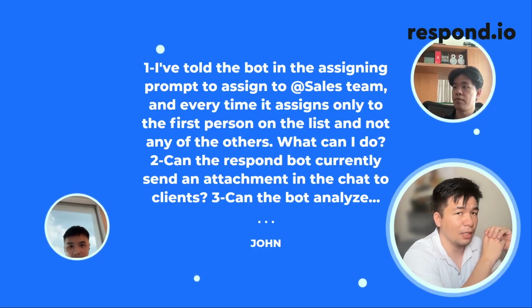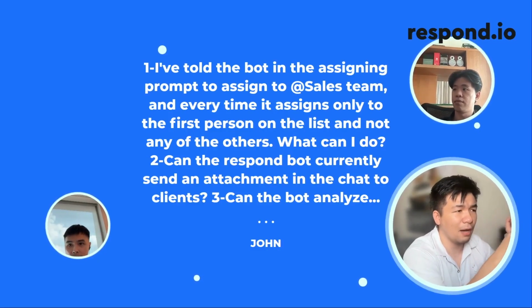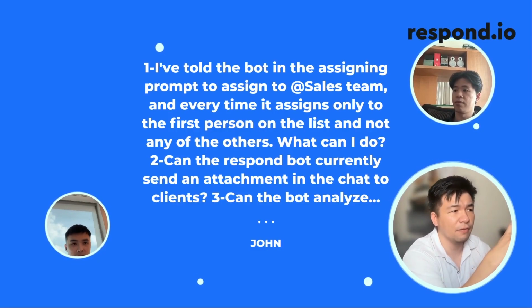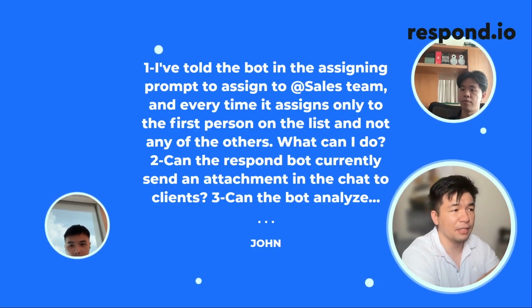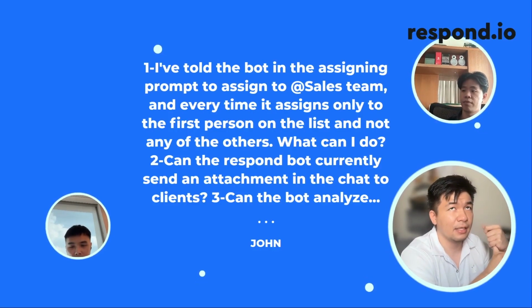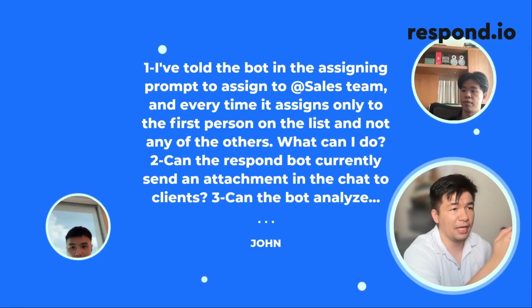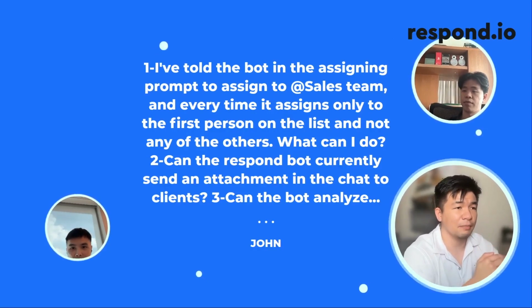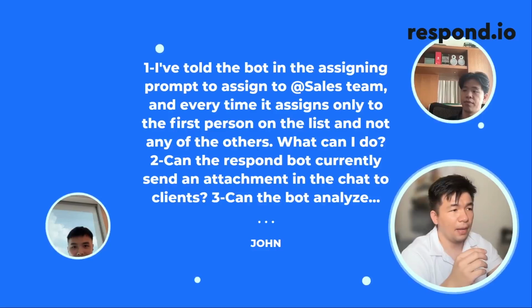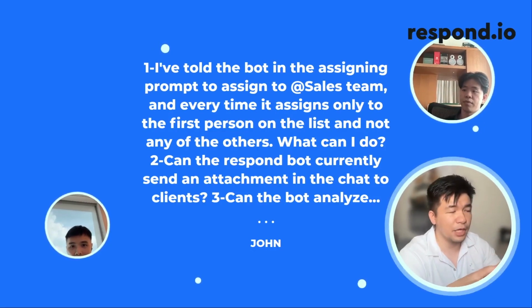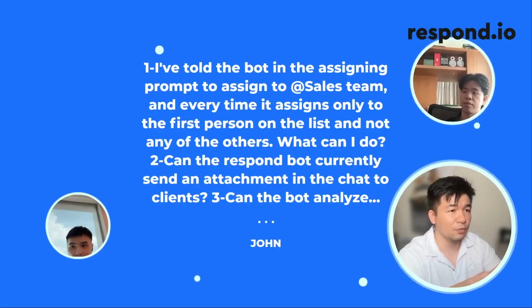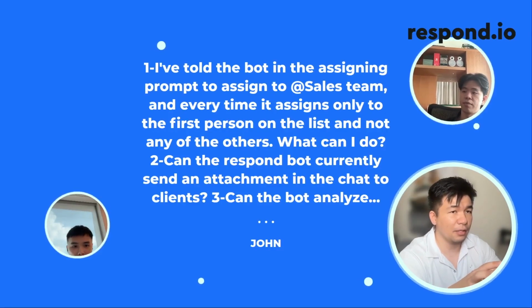When it comes to the action itself, when the AI agent is assigning, you can actually configure 2 types of assignment. The first one is round robin, which is person A, the next one person B, the third one person C, and so on and so forth. Another one is what we call least open contacts. So do check your prompt to see if you have either of these defined.